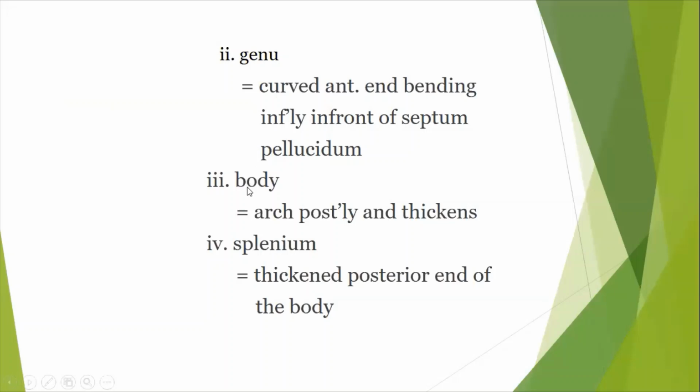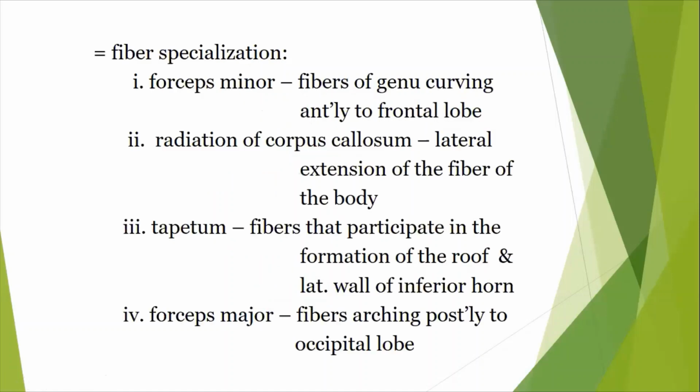Then the greater part of the corpus callosum is the body. It will arch posteriorly and will thicken. Then the posterior end is the splenium. This is the thickened posterior end of the body of the corpus callosum.